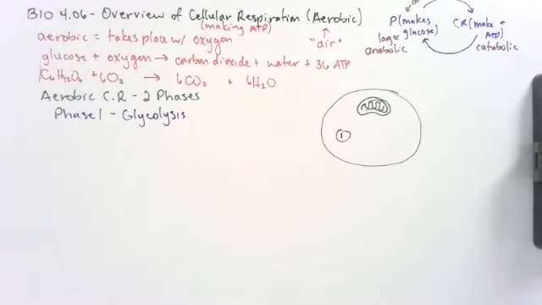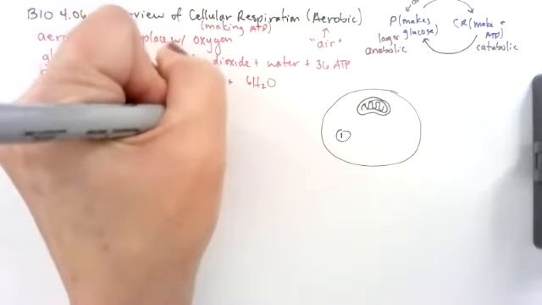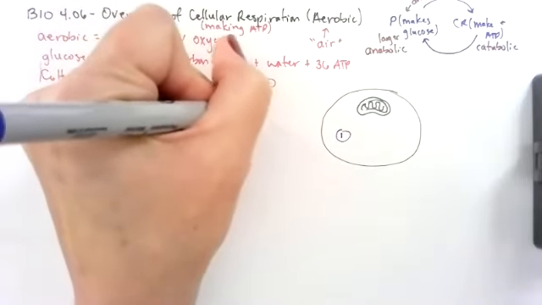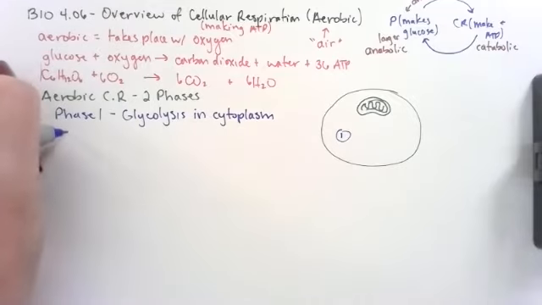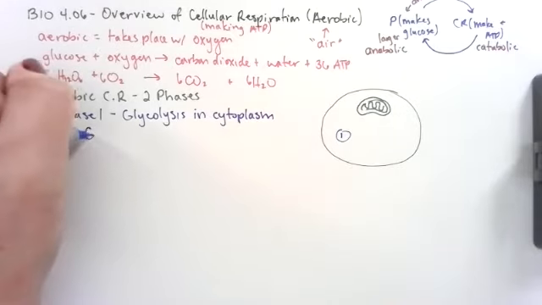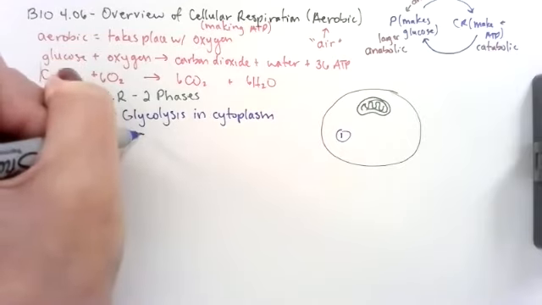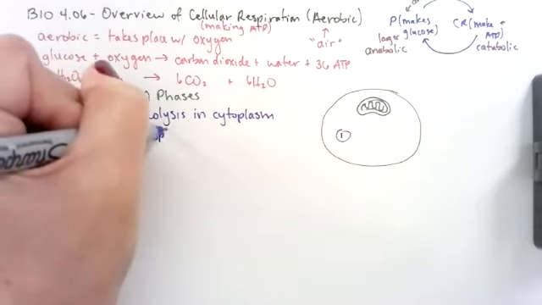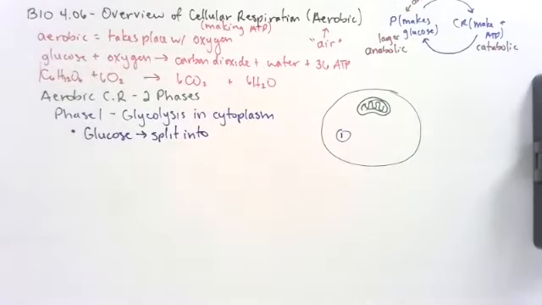And it takes place in the cytoplasm. Glycolysis, the job for glycolysis is we take the glucose molecule and we split it in half.